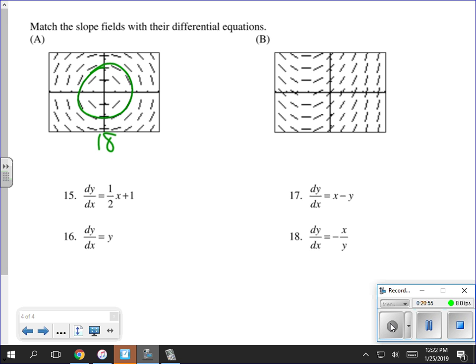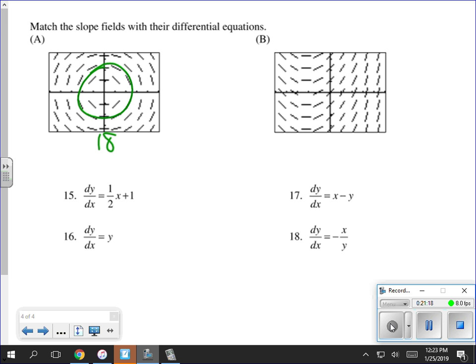When x is a certain value, I get certain slopes. So here, when x is -2, I get 0. Every time x is -2, I get 0. Which one of these, when I put in -2 for x, do I get 0 every single time? This one.